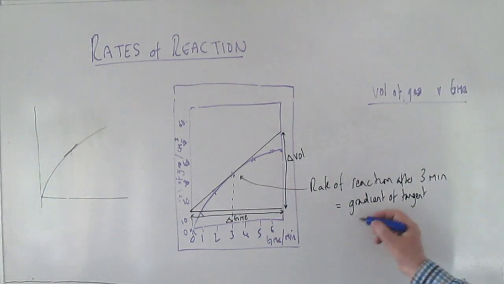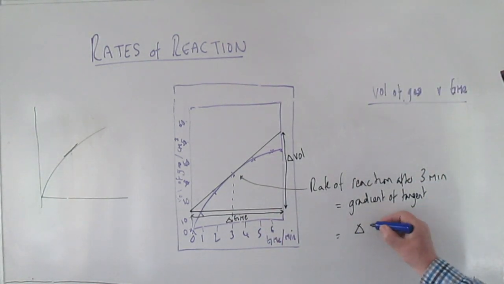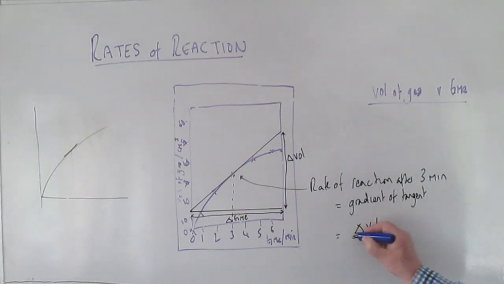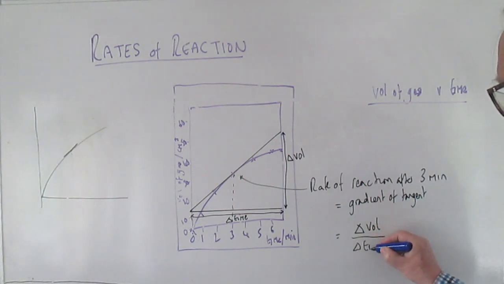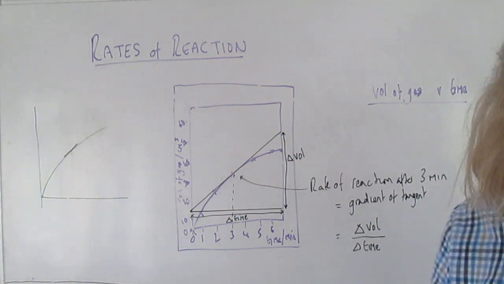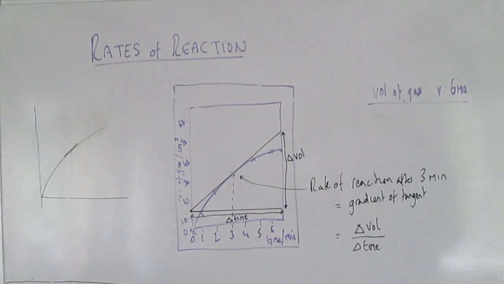And the gradient is equal to delta volume over delta time. Okay, so that's how you quantify the rate of reaction.